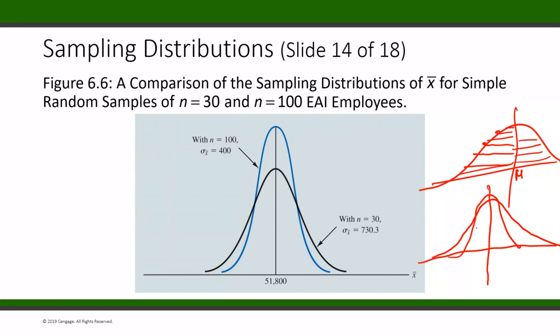So it becomes like this. The variation goes away, the standard error goes away. It tries to get to the true mean. And this is the purpose: we have to find the true mean or get near to the true mean.